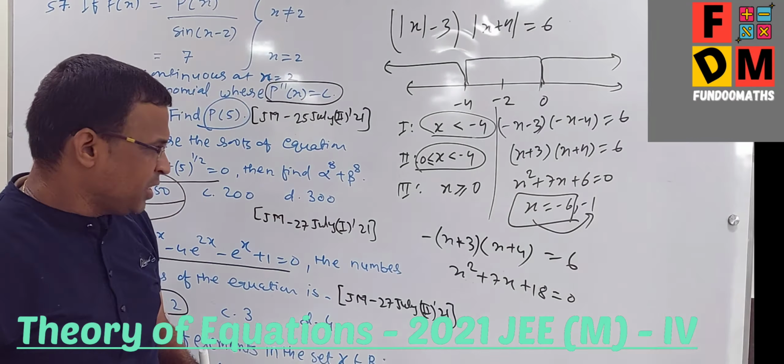So minus 1 plus or minus root of 1 plus 72, upon 2. So let me write it down somewhere here. So it is minus 1 plus or minus root 73 upon 2.